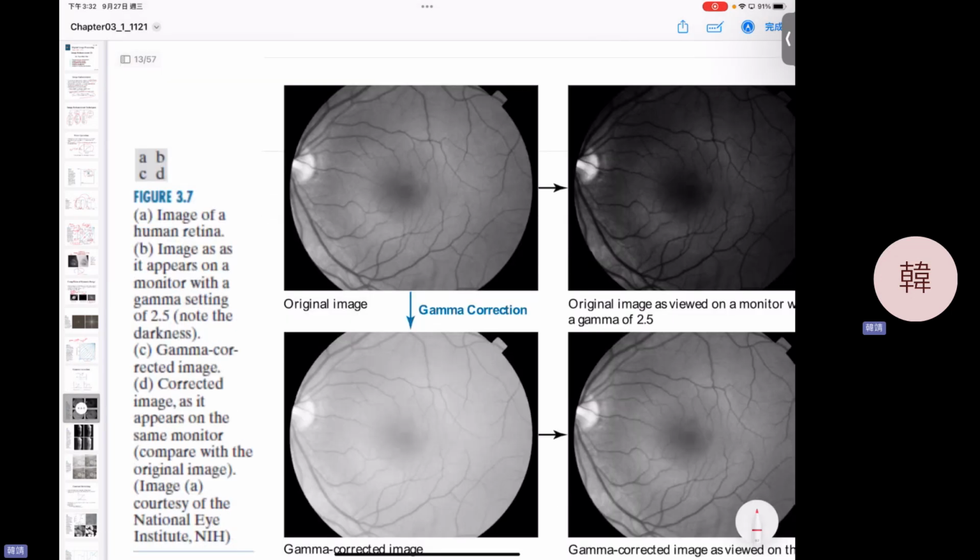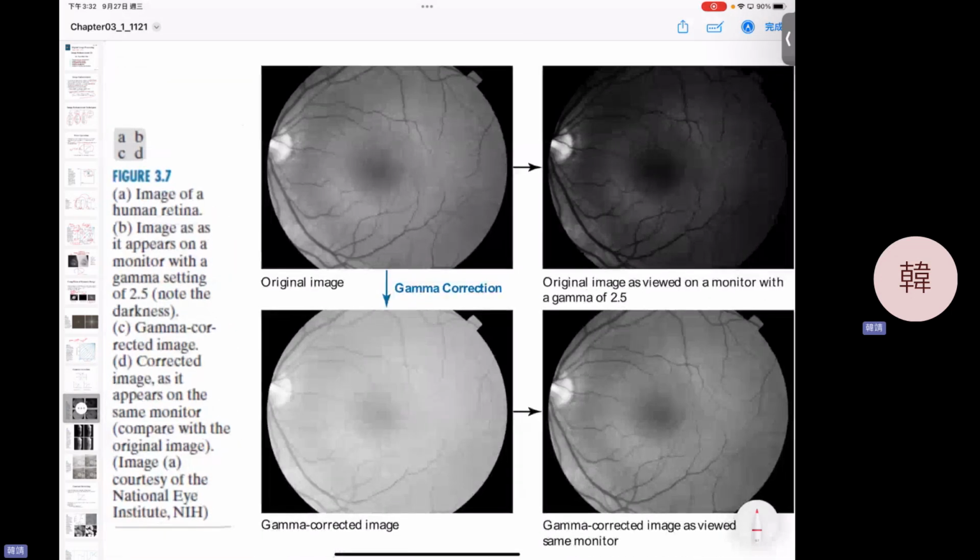Why do we do that? Let's look at a true example. This is an image of a human retina. Actually, you take the image like this one, and this should be the retina image here. But if you read this image like this, it's not very clear.